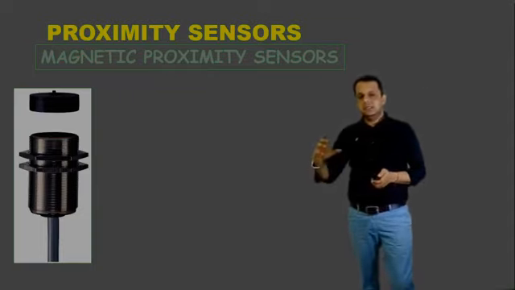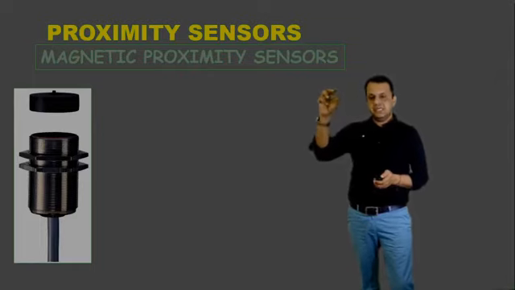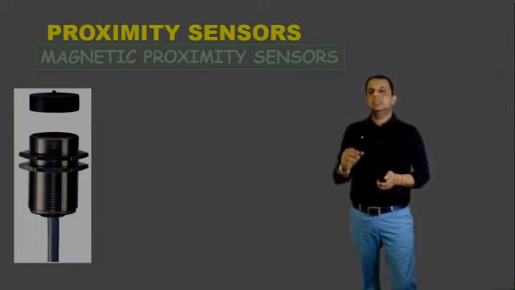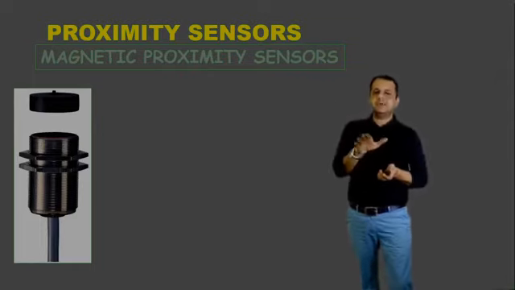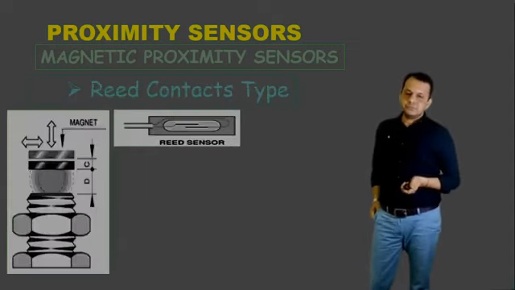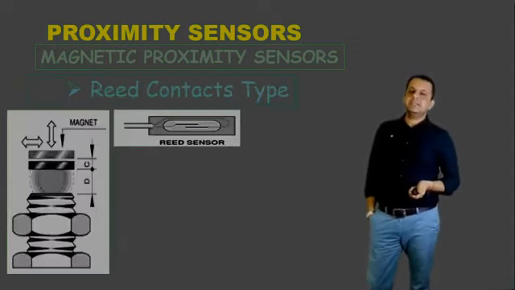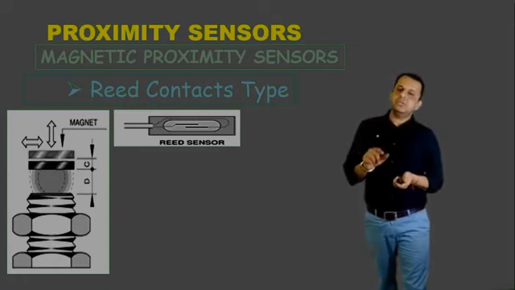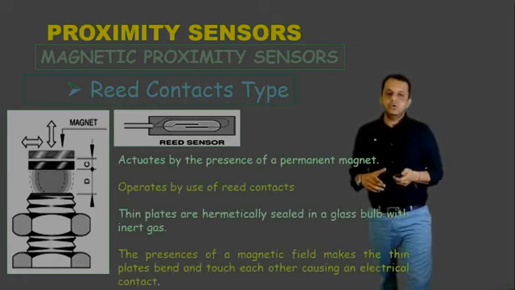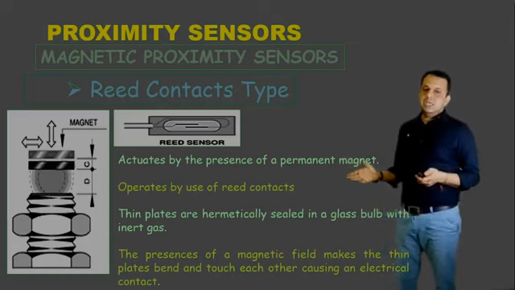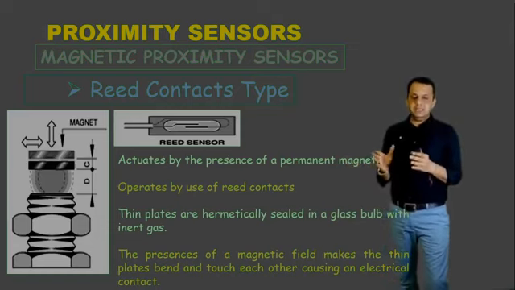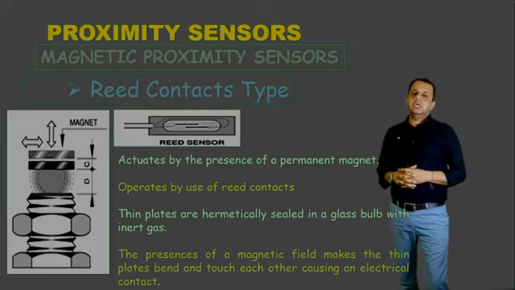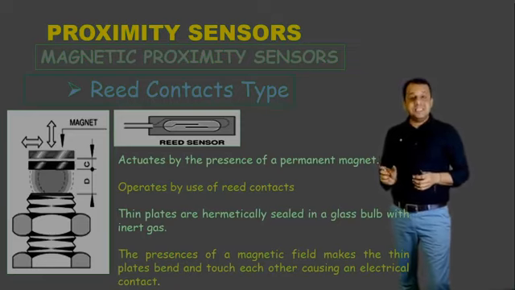Here the magnet is shown at the top, the black one, that is the permanent magnet. And the sensor is there. So the metal plate will be changing position based on the magnetic field. So here we see the permanent magnet, a keyword you have to use, and it will operate by the reed contact.